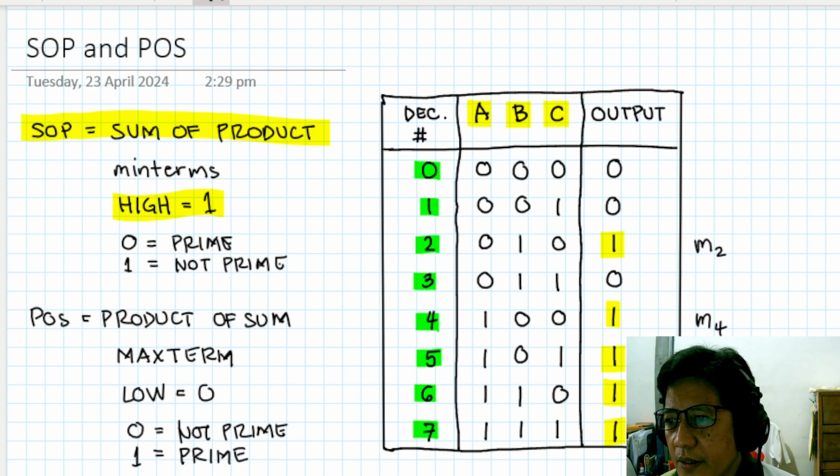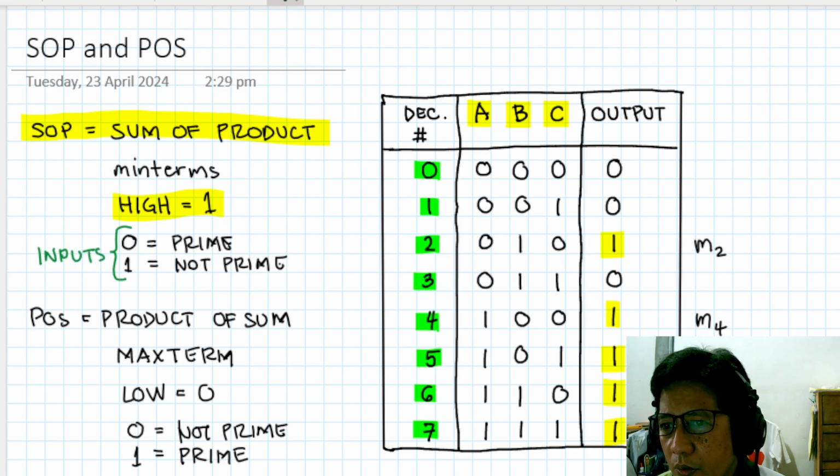So, in sum of product, if the input is set to 0, the variable is equivalent to prime. And if the input is set to 1, it is not prime.